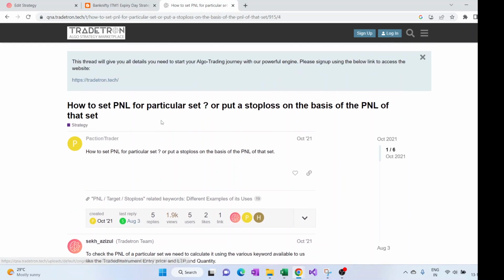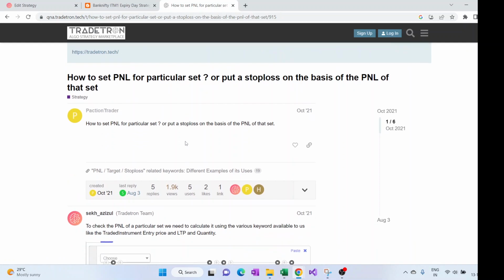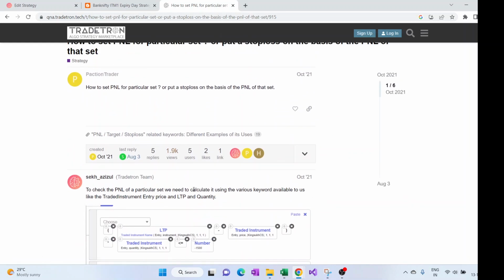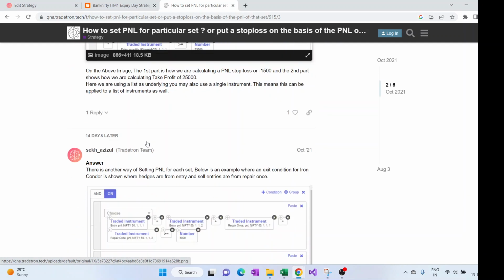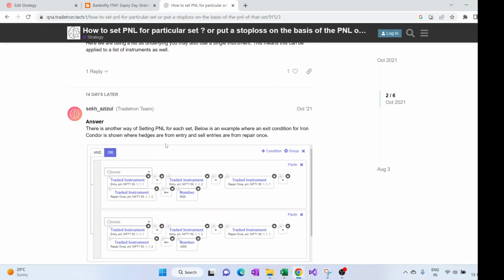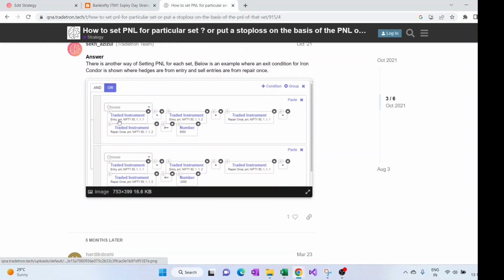There is a page by TradeTron where they've given how you can find the PNL of a particular set. They've given different options where you can use the PNL keyword under the traded instrument. So you can check the PNL for that particular set.